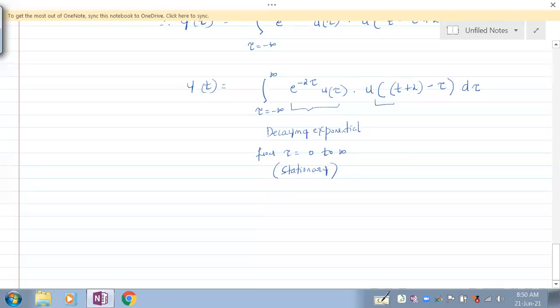What is this signal? Anybody? This signal is 1 for tau ranging from where to where? It is 1 from tau ranging from minus infinity to t plus 2.